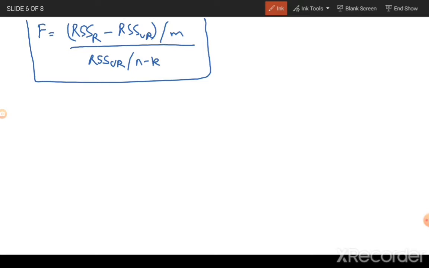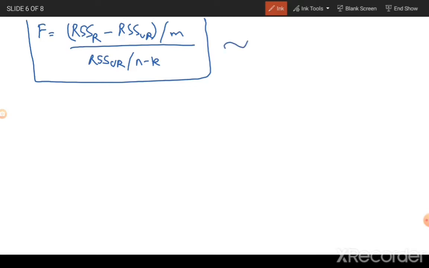And in your denominator, you will have the residual sum of squares of the unrestricted or the original model divided by n minus k, where n is the number of observations and k is the total number of parameters that have been estimated in the original model.